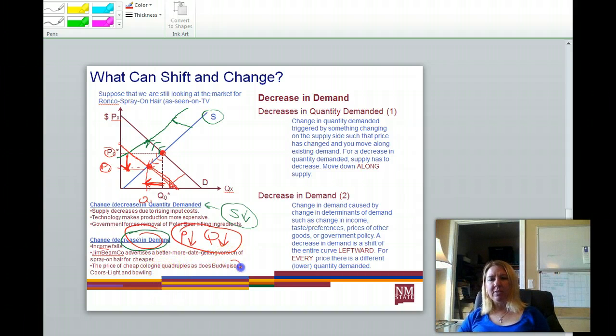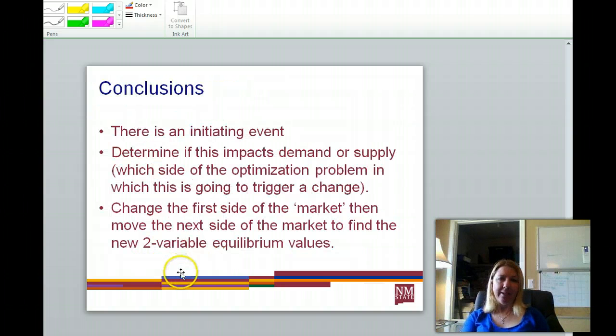Under the theory that these are things that are sort of complements, as we have more expensive things that you would have on a date where you might want your spray-on hair, those things become more expensive, and your demand for the spray-on hair is also going to decline. So those are some of the examples that we could come up with. Now, granted, they're very silly, but okay.